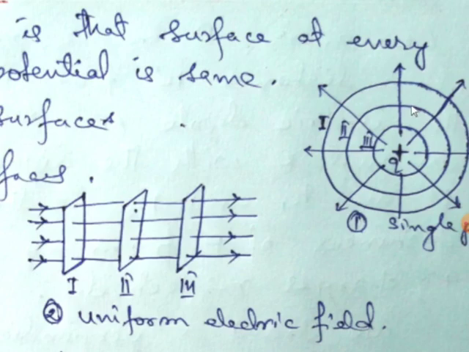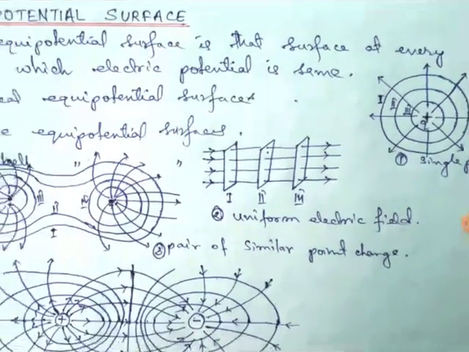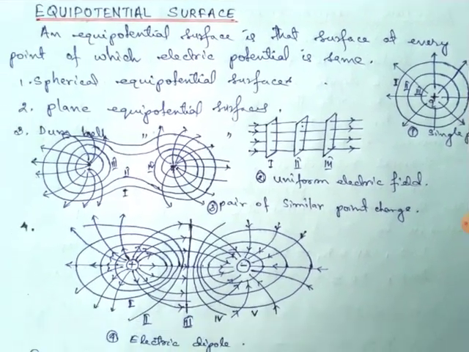In the case of a uniform electric field, your equipotential surface will be a plane like this. Got it? So if the electric field is uniform, then plane equipotential surfaces will be formed. And I'm telling you that this equipotential surface and the electric field lines will always be perpendicular to each other.